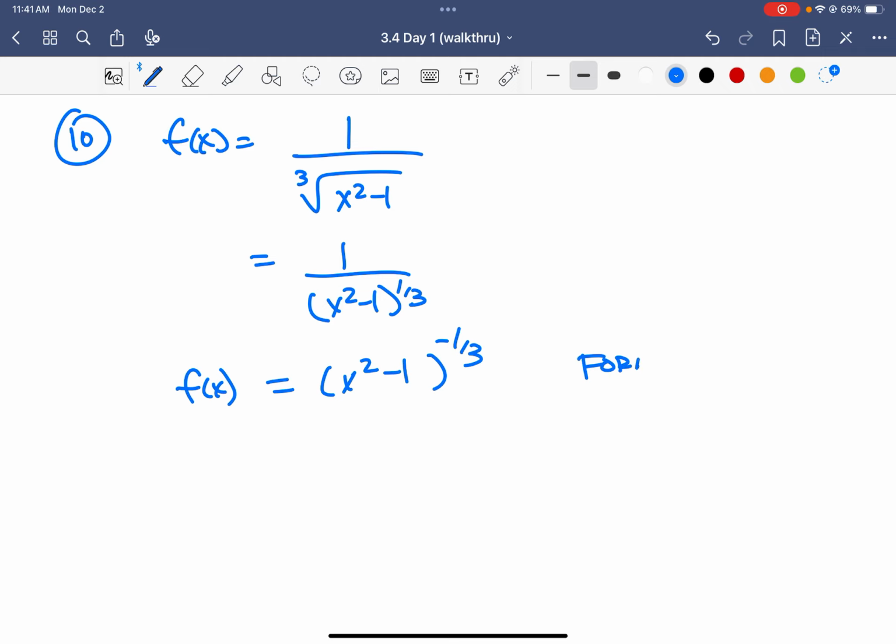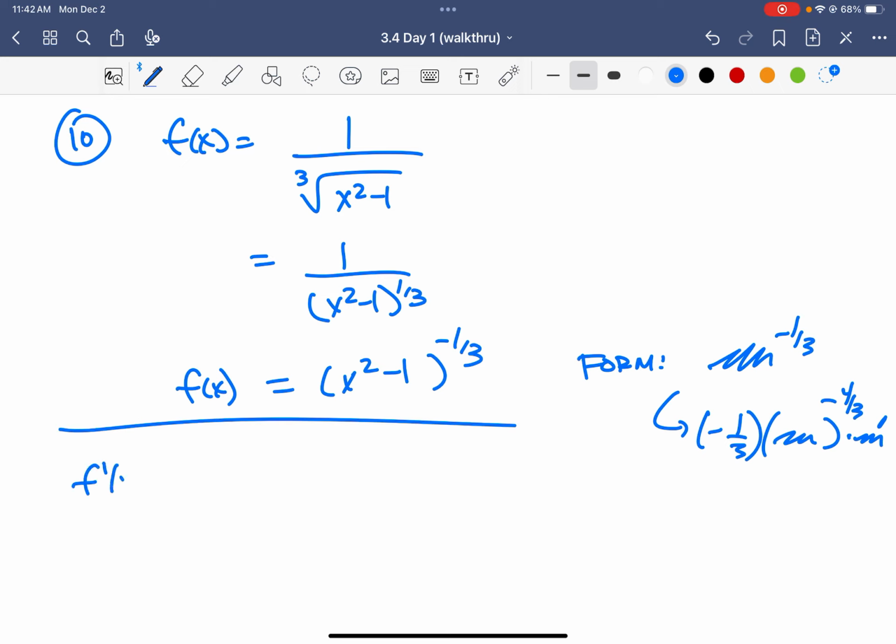So the form of this thing before I take its derivative is stuff to the negative 1/3. When I take its derivative, it's going to be negative 1/3 times stuff to the negative, if you take away 1, that's 3/3, so negative 4/3, times the derivative of that inside stuff.